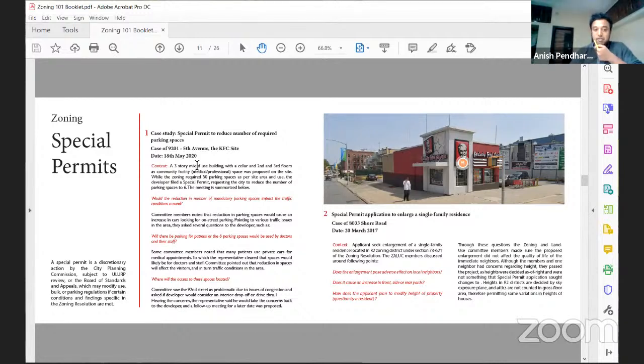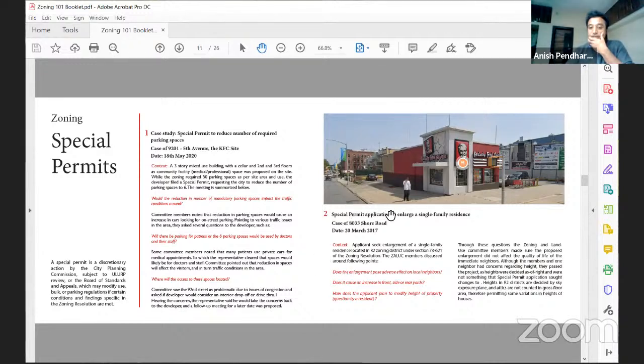Will there be parking for patrons, or who will park there? Where will be the access to these spaces located? General questions which the board asked the owner, to just give an overview to anyone new to the committee reading this booklet.